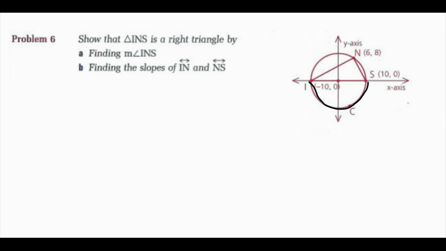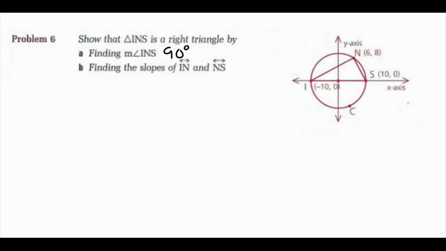So 1/2 of 180 would be 90 degrees, making this a right triangle because it has a measure of 90 degrees. Now, if I look at B, finding the slopes of line IN and line NS, if I have opposite reciprocal slopes, this would tell me that my lines are perpendicular. And if my lines are perpendicular, then I would have a right triangle.